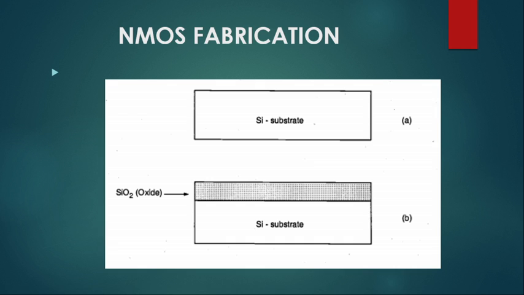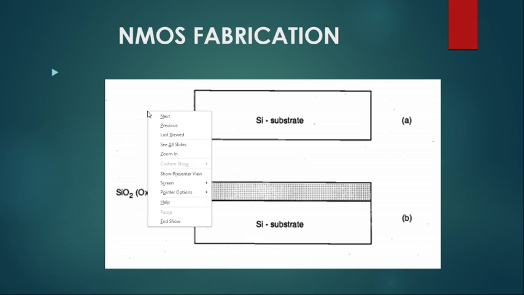Similarly, for fabrication as well, the transistors need some base on which they can be developed. So the substrate is the area or the base onto which the fabrication can be done. It is the silicon substrate, and for NMOS, the substrate type used is P-type silicon. Why is that so?